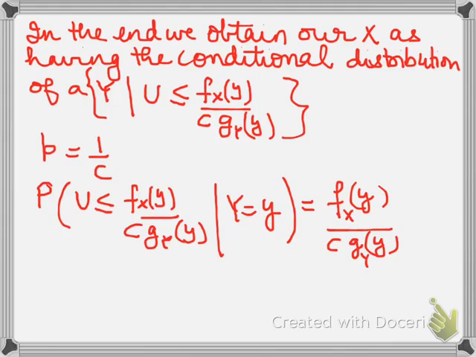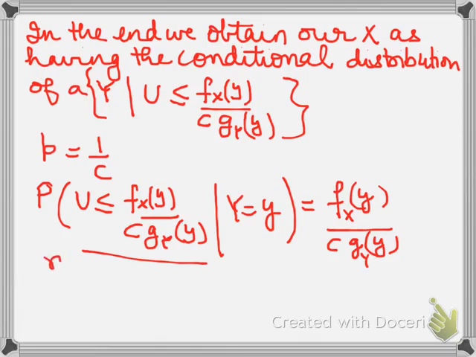So U less than or equal to this, given Y equal to y, is simply f_X evaluated at y over c g(y). Now we uncondition, recalling that Y has density g_Y.